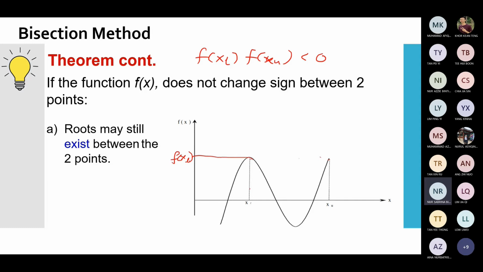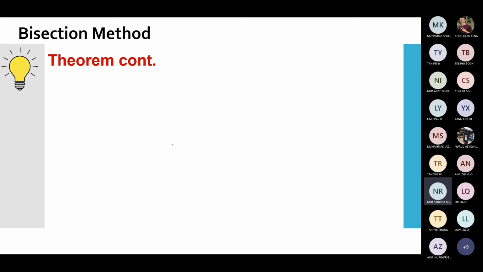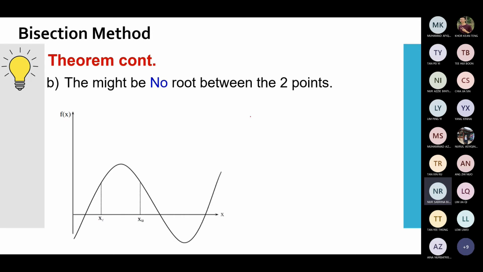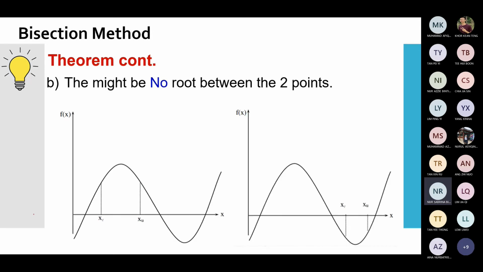Another possibility is that there might be no root between the two points, which means the graph lies on the same side. Maybe the graph width is larger than the normal graph.